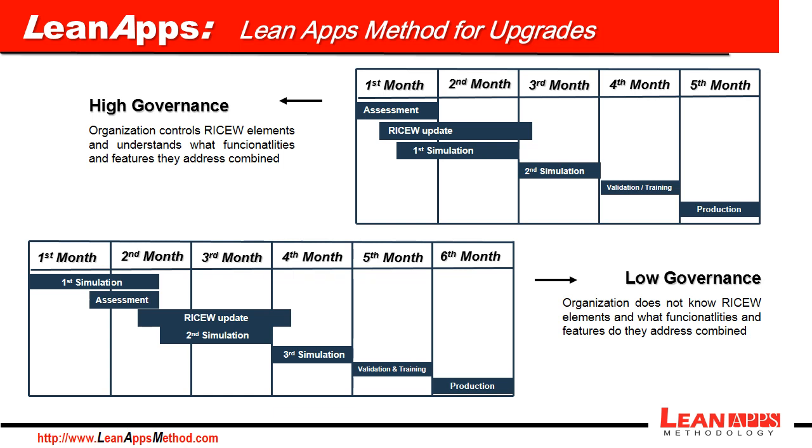If you need further information on such reports, check Doc ID 1290886.1 at the MetaLink website. Now let's take a look at Lean Apps method for upgrades shown in a timeline format. Every project must have a good initiation phase to map business benefits that are expected to be achieved, aligned with the project objective.